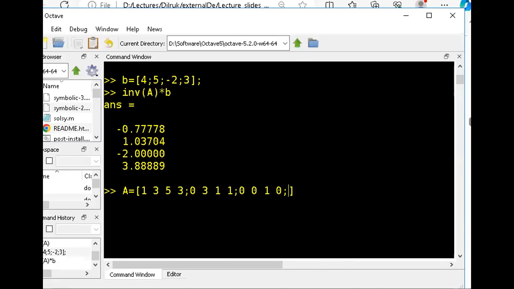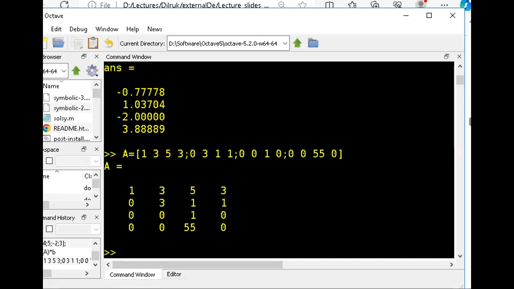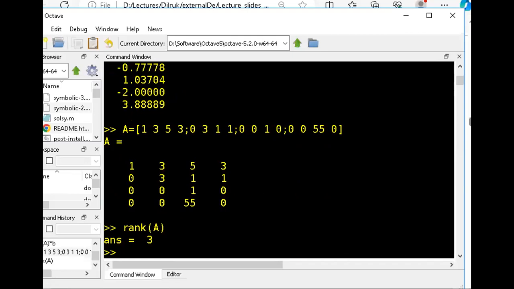So I'm defining a linearly dependent row. This row depends on the other. If you find the rank, what is the rank? Less than 4. It is not full rank.